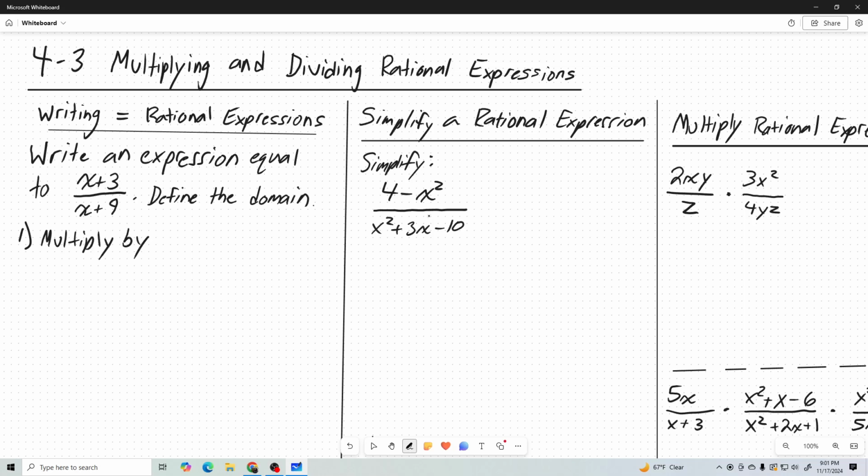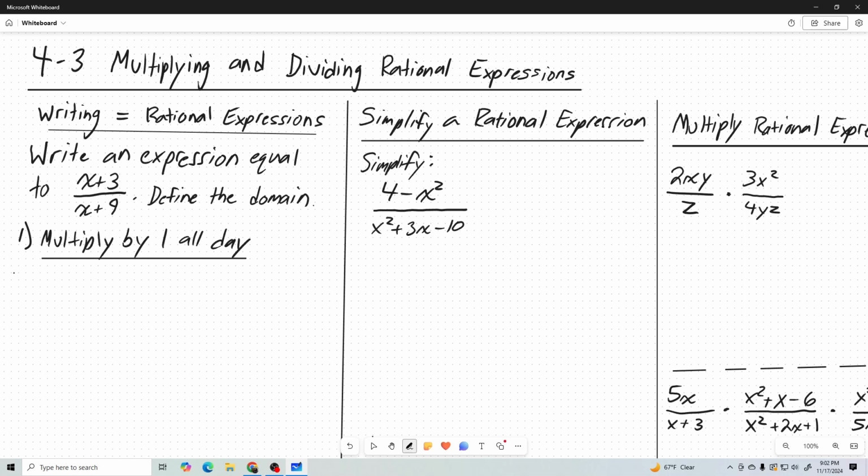The idea is that we can keep multiplying as long as the numerator and denominator are the same. We can basically multiply our expression by whatever we want, we just have to make sure that whatever we're multiplying by equals 1.